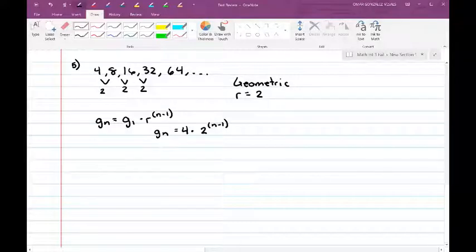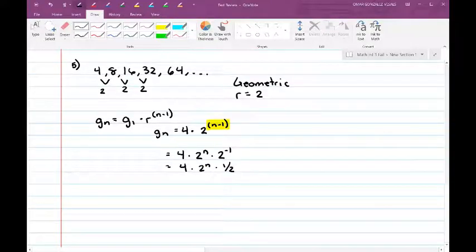Okay. Again, for the most part, everybody did well on this, turning this into the nth term. When you do that, it becomes 4 times 2 to the power of n times 2 to the negative first power. Like I said, most of you guys did well. You turned that 2 to the negative first power into a 1/2, so it's 4 times 2 to the power of n times 1/2.